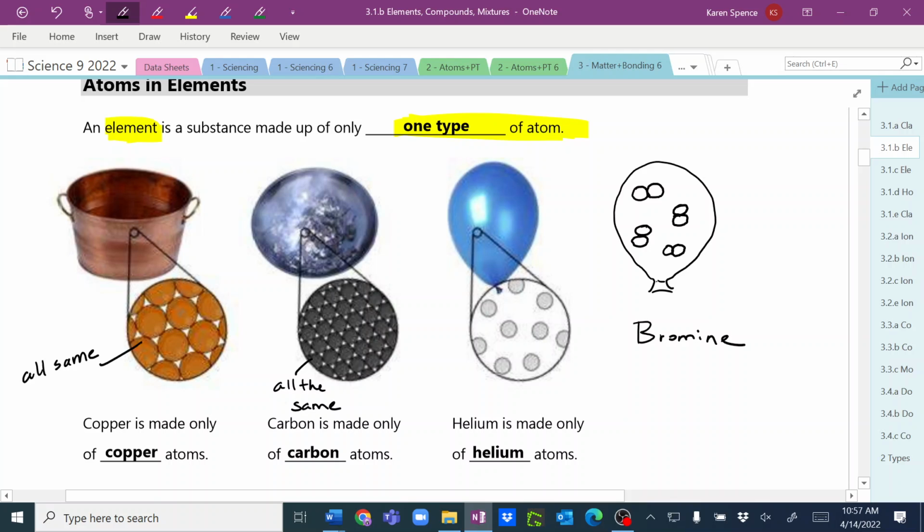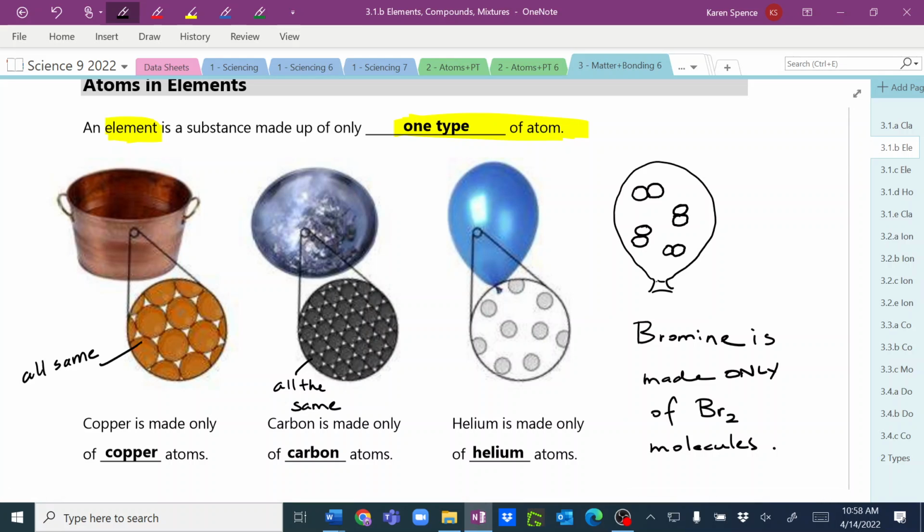And bromine is made only of Br2 molecules. So that's an element as well. Yes.